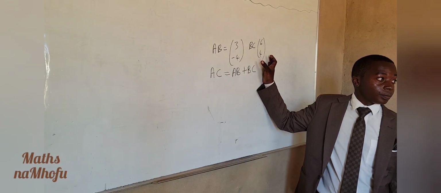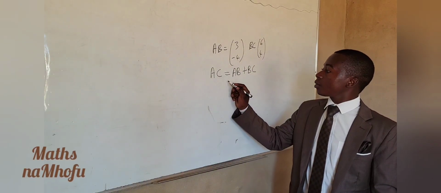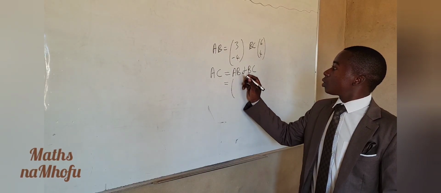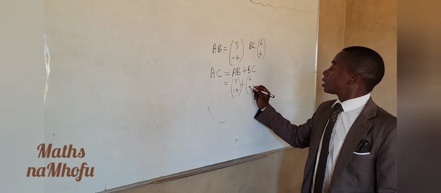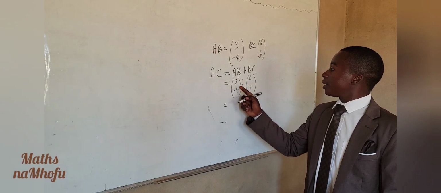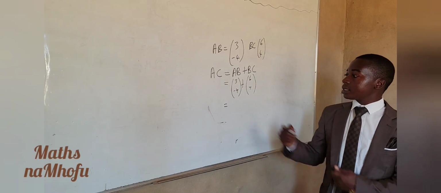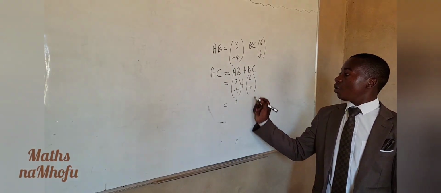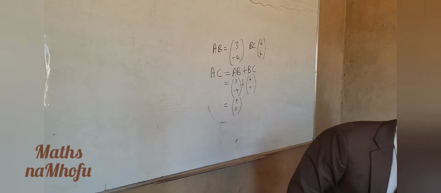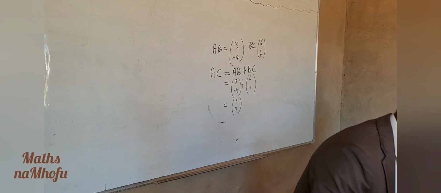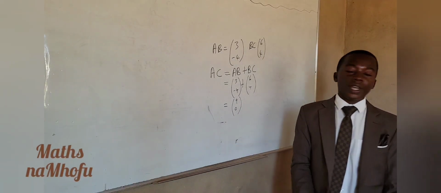Are we together? So AB, that's 3, negative 4, plus 6 and 4. You simplify this. 3 plus 6 is 9. Negative 4 plus 4 is 0. So that's 9 and 0 as a column vector.